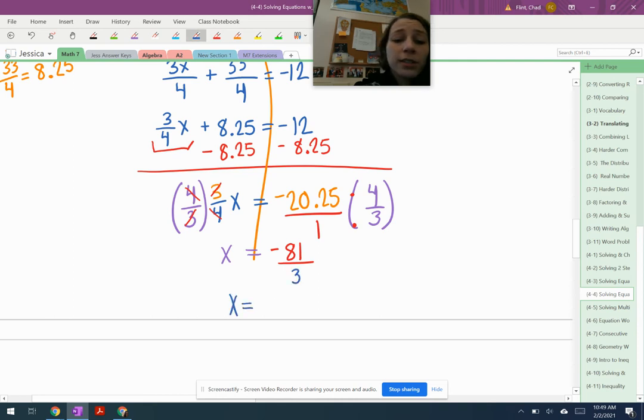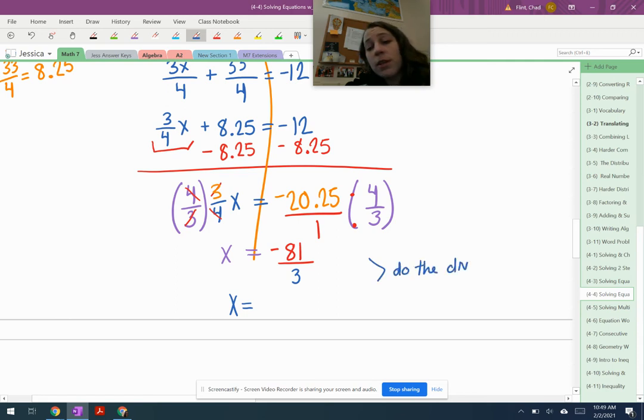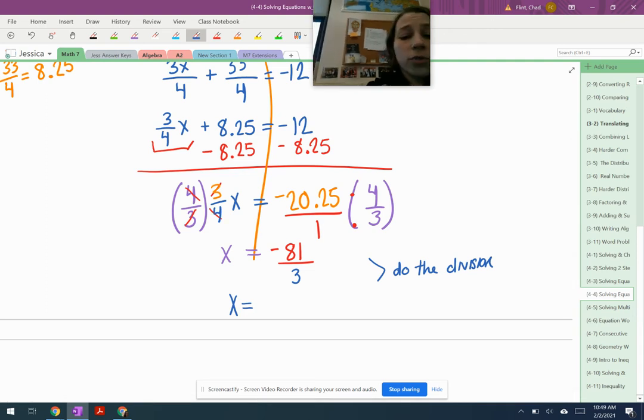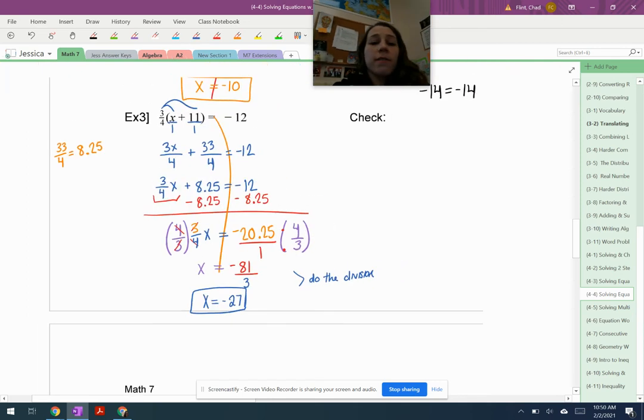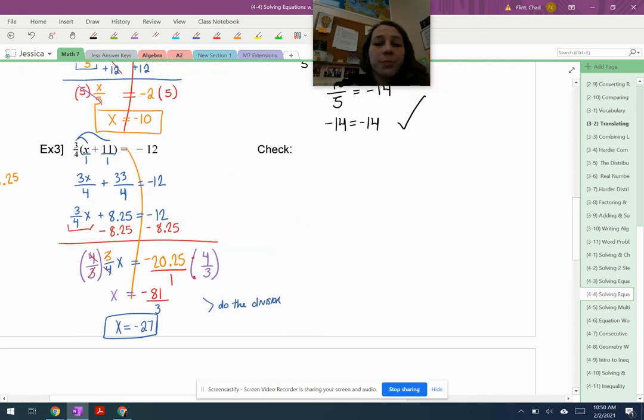And then last final step, just checking to do that actual division. Is -81 divided by 3 a nice normal number that we can deal with? And it ends up being a nice normal number, -27. So x is equal to -27 as our final answer there.